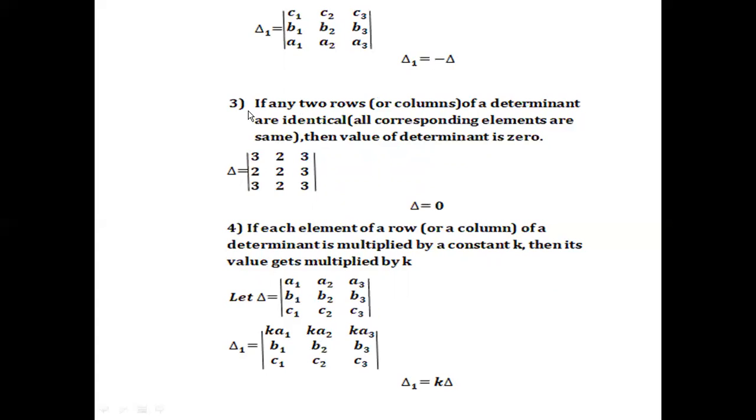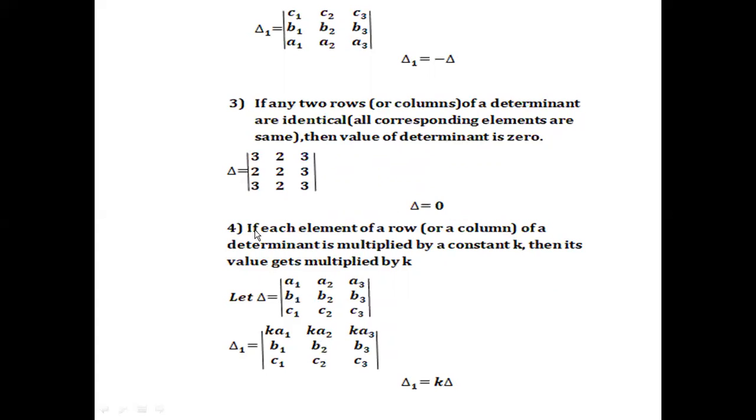Now third property: if any two rows or two columns of a determinant are identical, that is, all corresponding elements are the same, then the value of the determinant is always 0. See here, the second column and third column elements are the same, so after evaluating, we observe that the value of delta is 0.